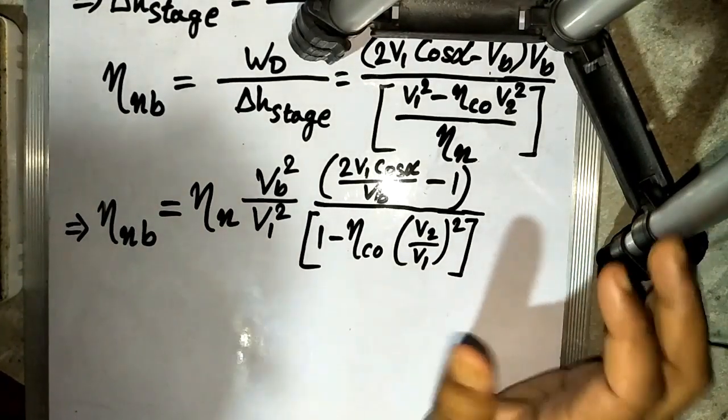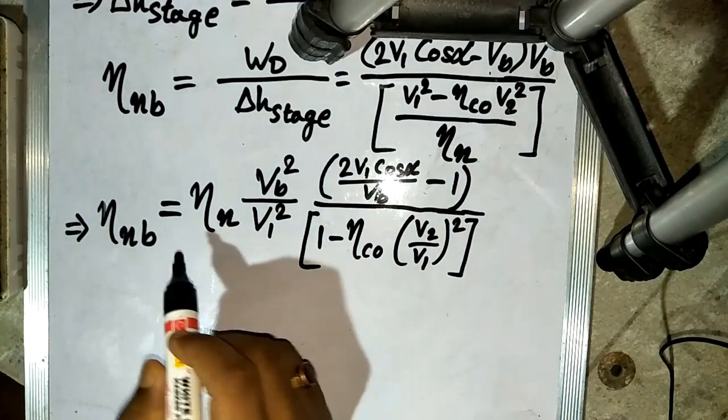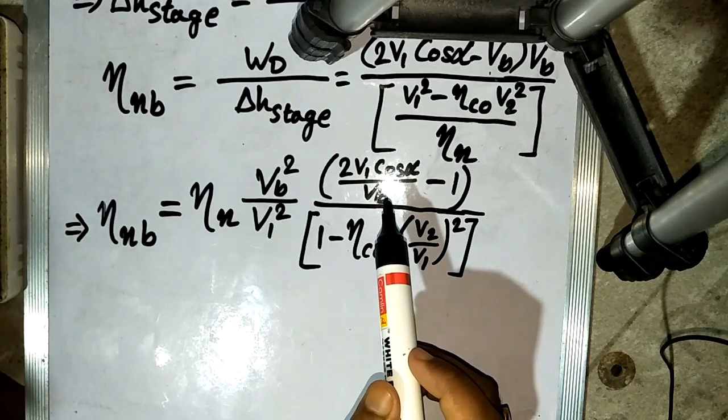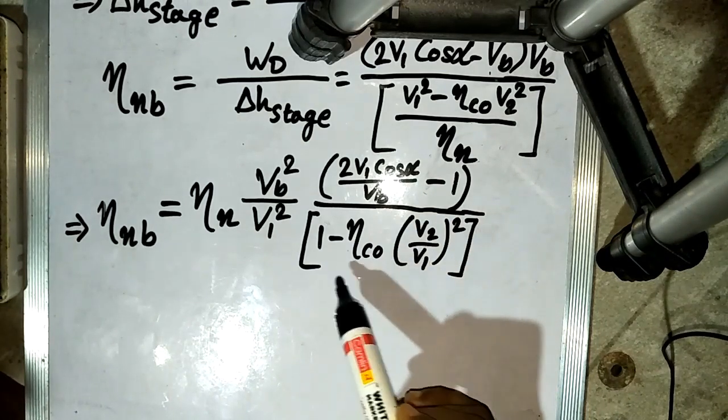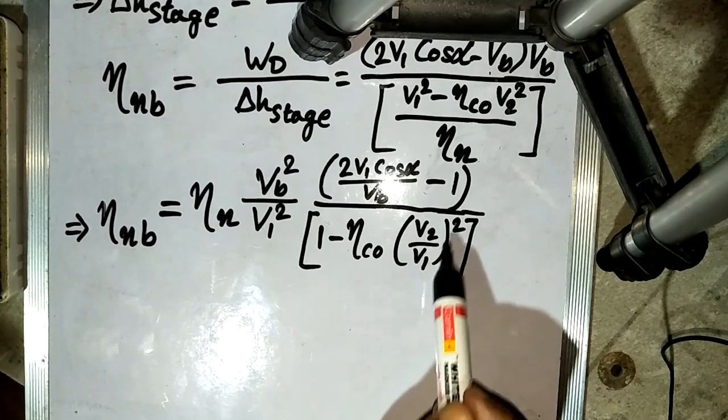By rearranging this expression, we get eta NB equals eta n into Vb square by V1 square into 2 V1 cos alpha by Vb minus 1, divided by 1 minus carryover efficiency into V2 by V1 whole square.